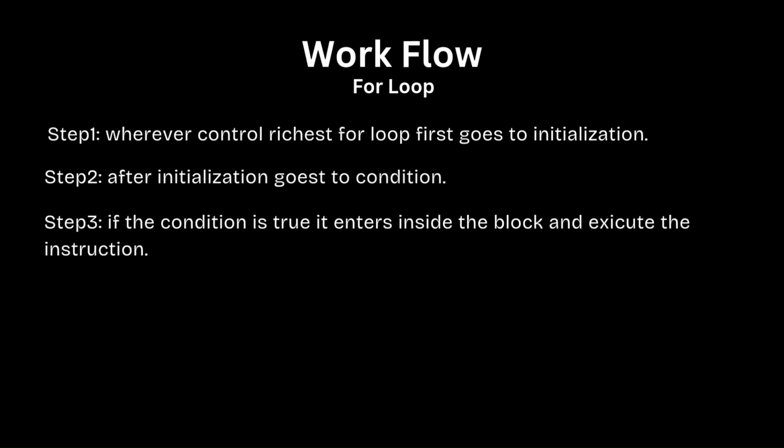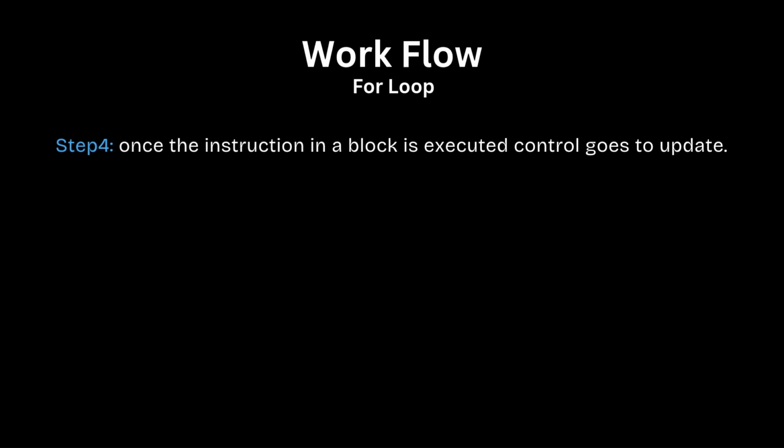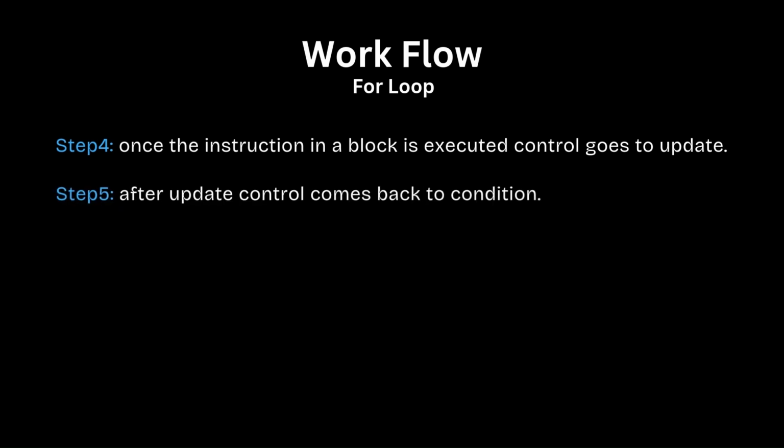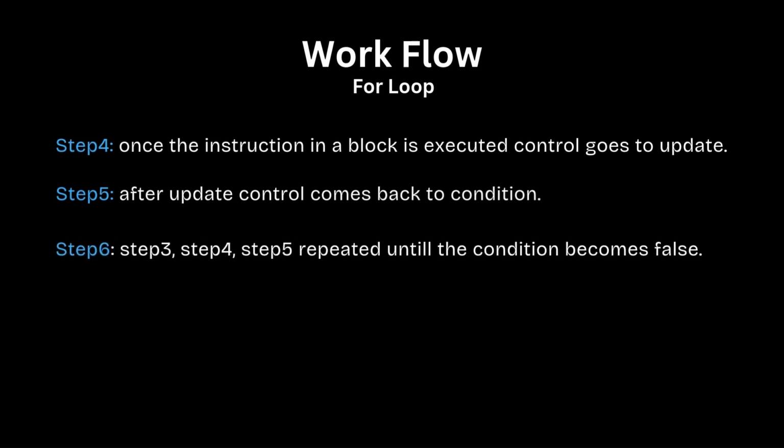Step three, if the condition is true, it enters the block and executes the instructions. Step four, once the instructions in the block are executed, control goes back to the update. Step five, after the update, control comes back to the condition. Step six, repeat steps three, four, and five until the condition becomes false.